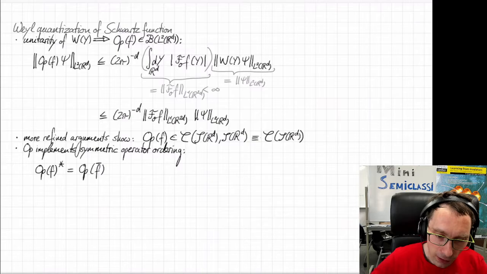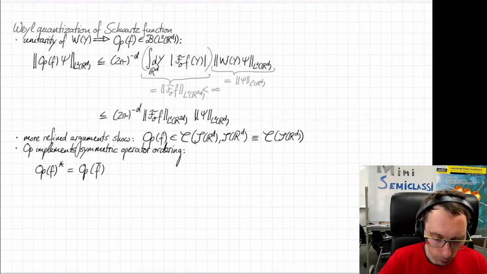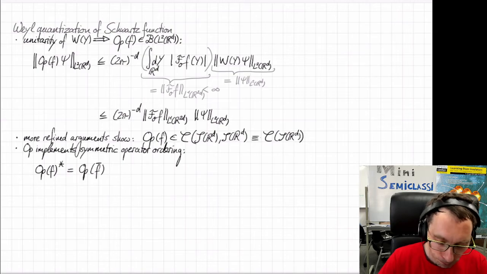So, at least formally speaking, x dot psi is a real valued function. So if we can solve the problem of domains, which we can, then this will Weyl quantize to a self-adjoint operator.